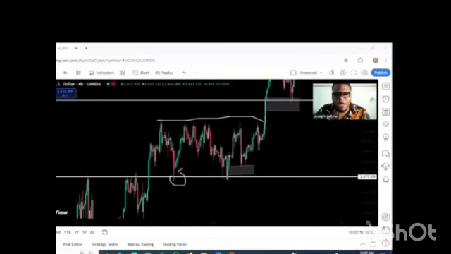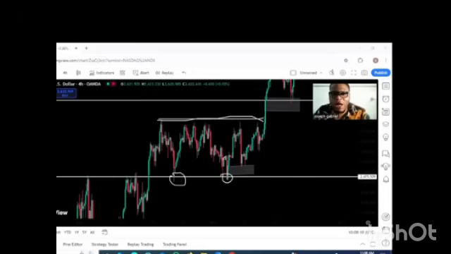And I want to show you guys how I entered my buy in this place. I still held my buy even when I saw this consolidation, because I am a high risk trader. I tend to trade because it's a swing trade, so I definitely want to hold the pullbacks, depending on my target.